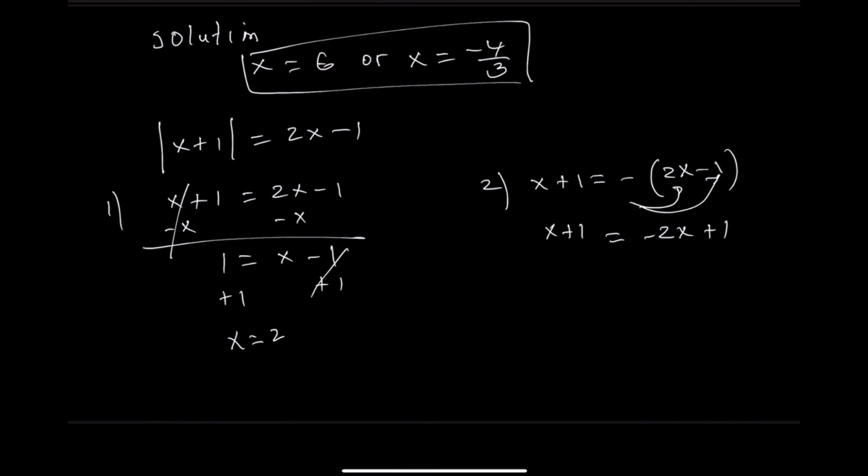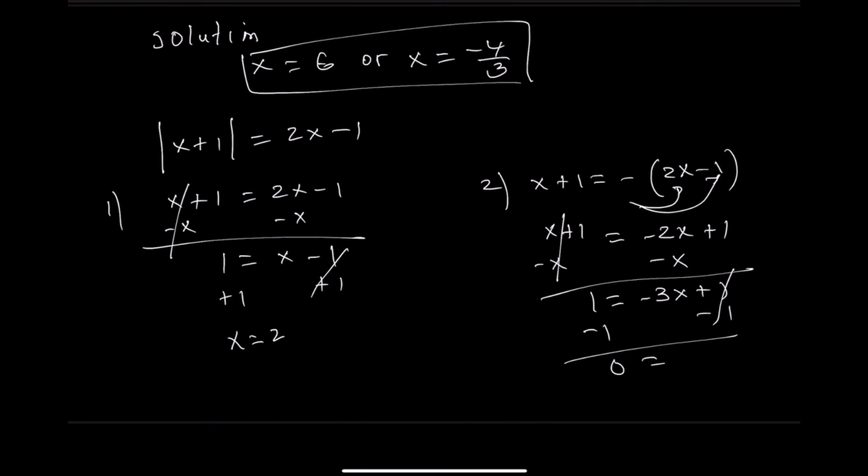Subtract x from both sides. 1 equals negative 3x plus 1. Subtract 1 from both sides. 0 equals negative 3x. Divide by negative 3. X equals 0.